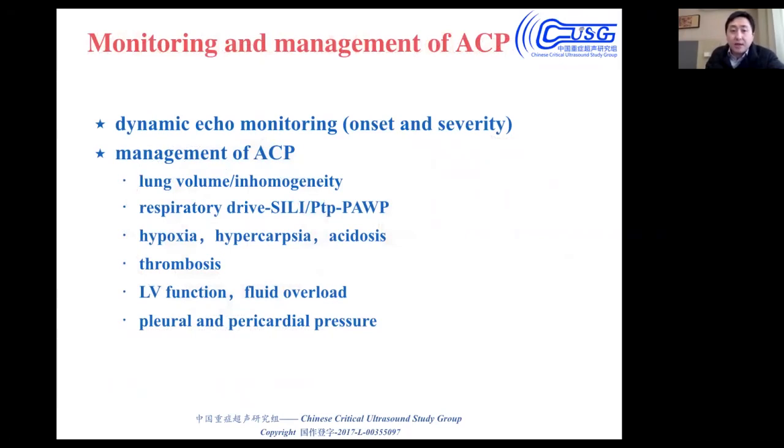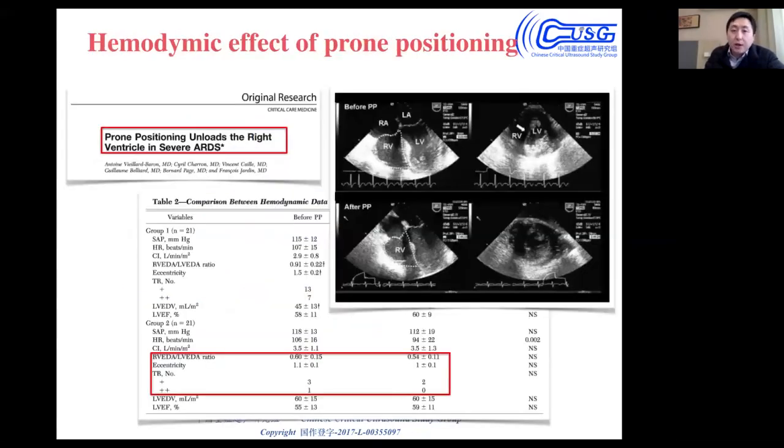The management of ACP includes the setting of the ventilator to improve the hypoxia, and fluid removal under fluid overload conditions, or others.